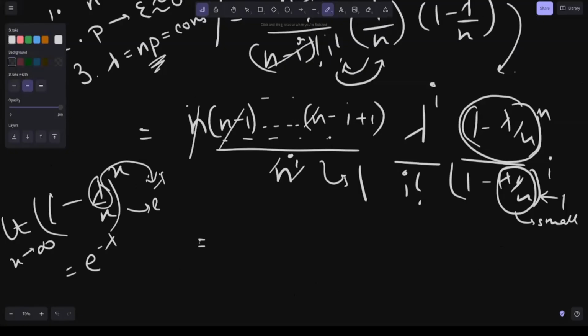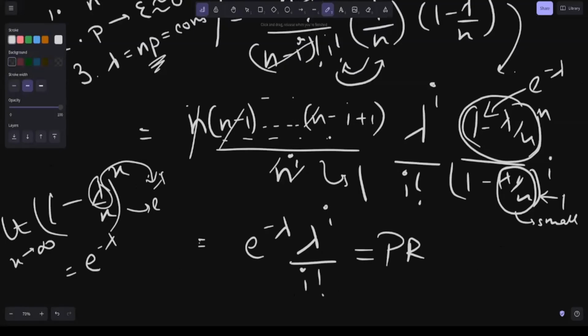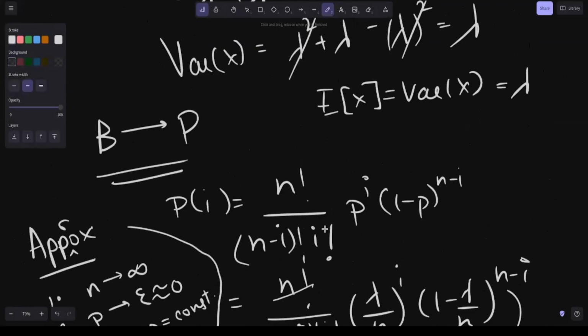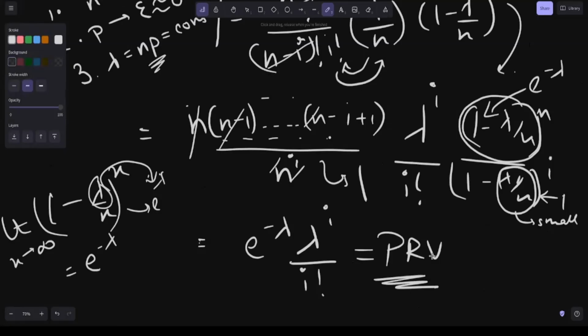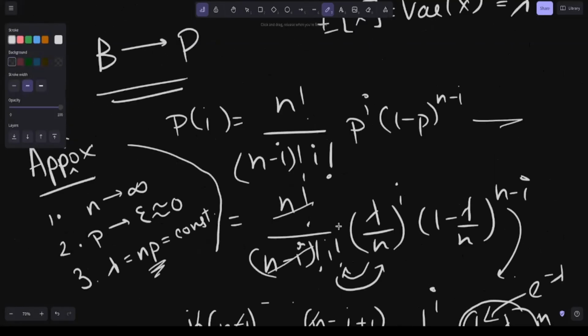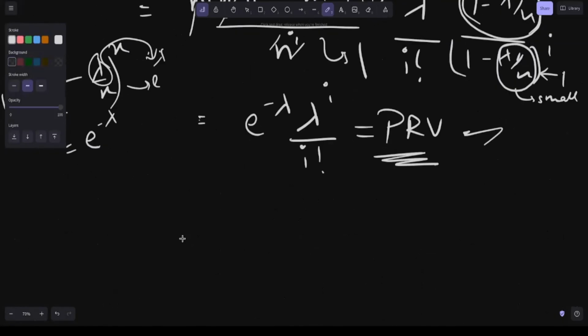So what we finally get is e to the power minus lambda, lambda to the power i by i factorial. This is what? Poisson random variable. So from binomial we found the Poisson random variable. With these approximations, this is a very interesting result that you should know.